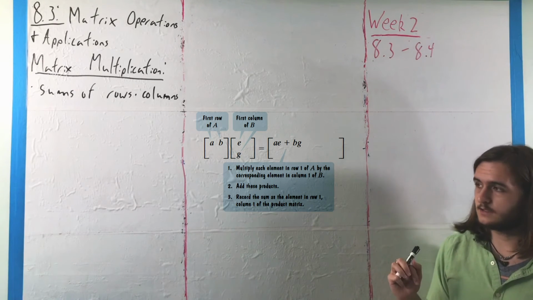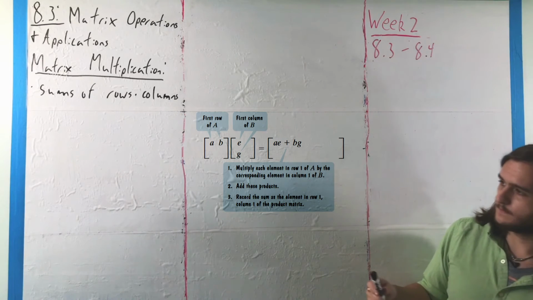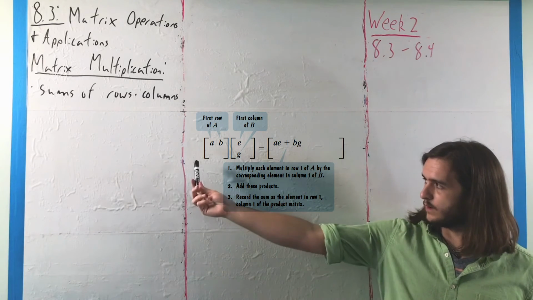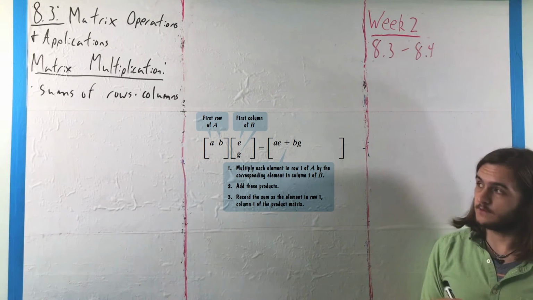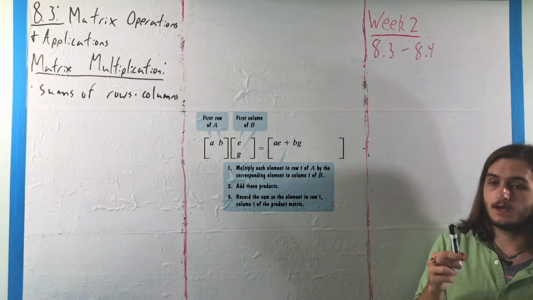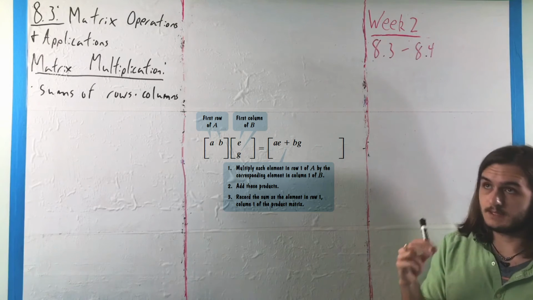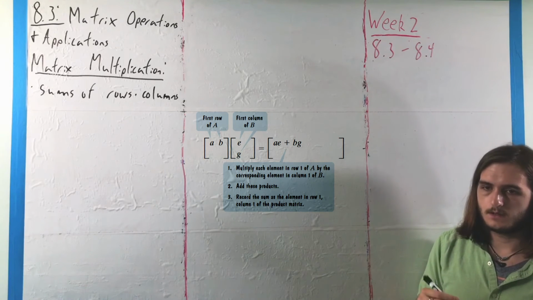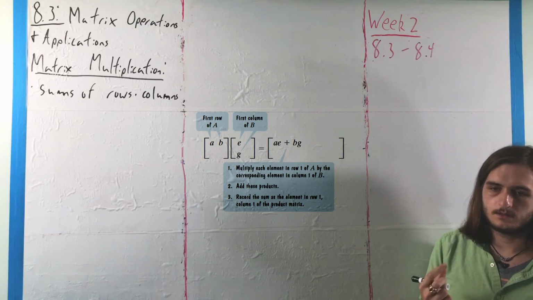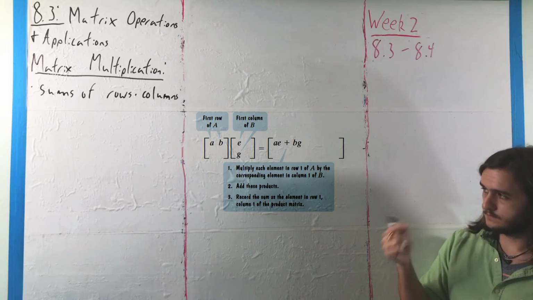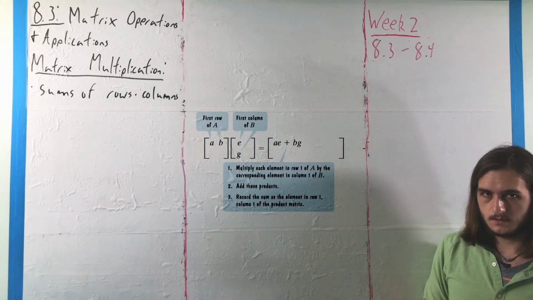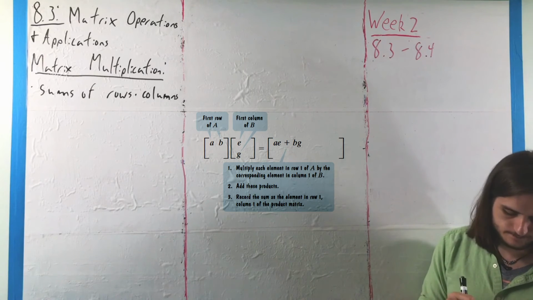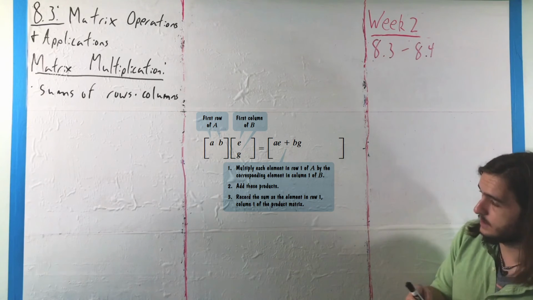Where to do that, we take 1, 1 from here and 1, 1 from over there, that is 1, 1 in A, times 1, 1 in B, as it were, and then add to that A 1, 2, that would be B, times B 2, 1, which is G.